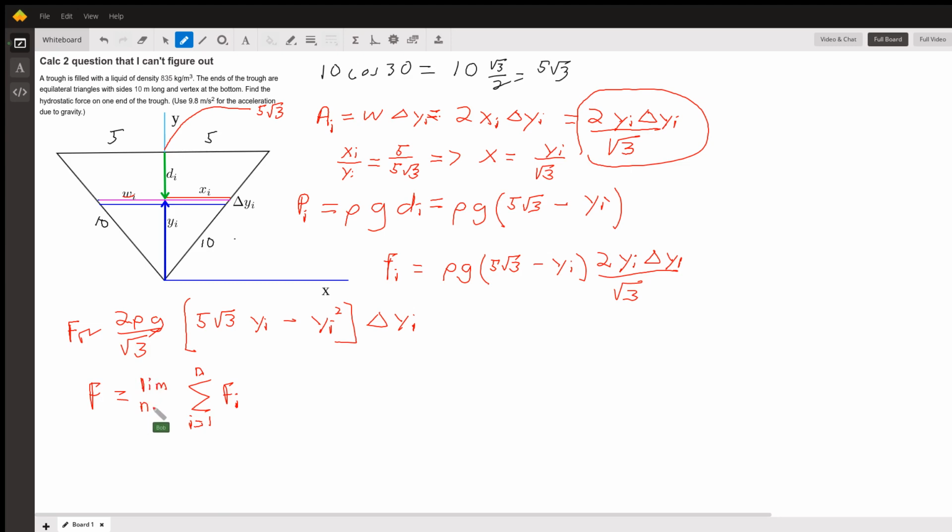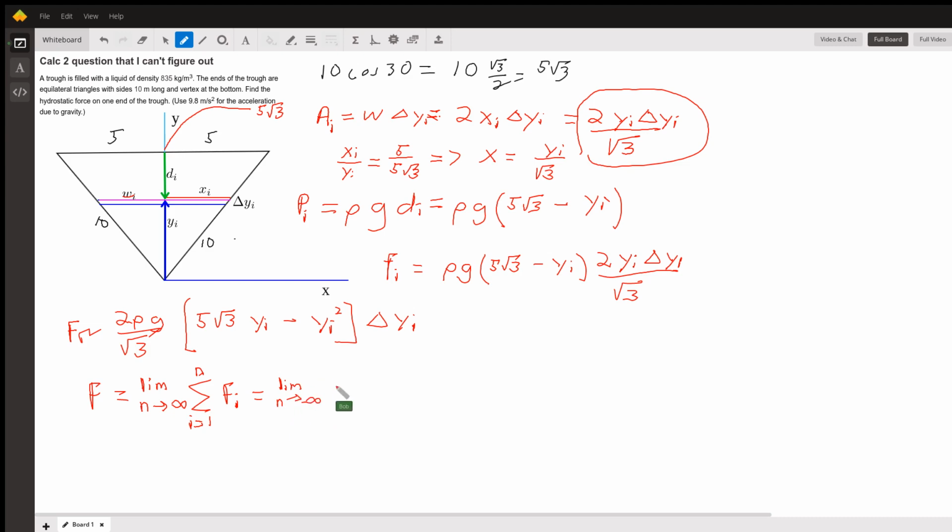And if we do that, that basically means that the number of slivers are going to increase to infinity, which of course is then the limit as n goes to infinity.